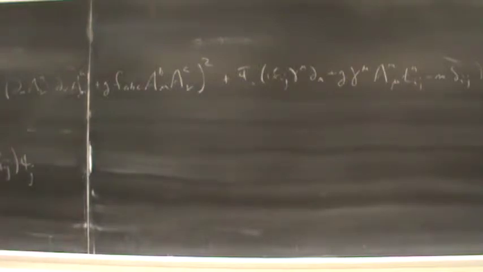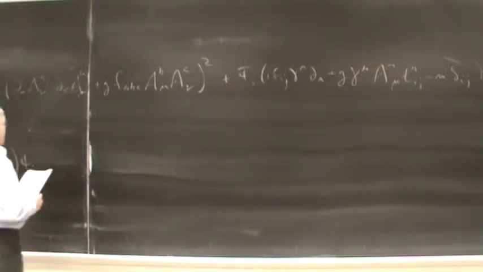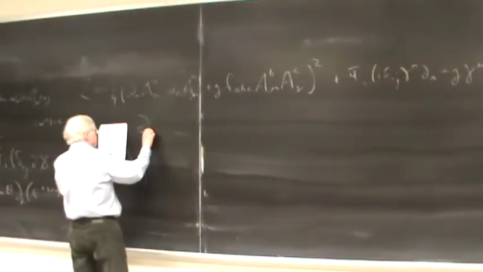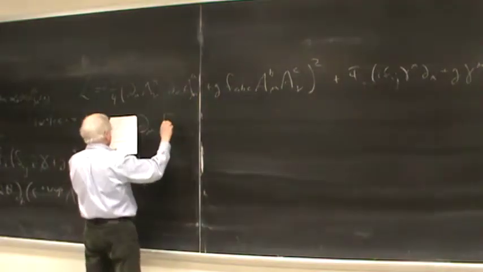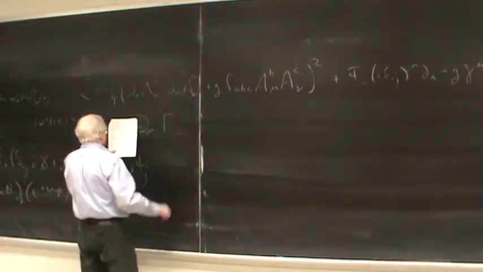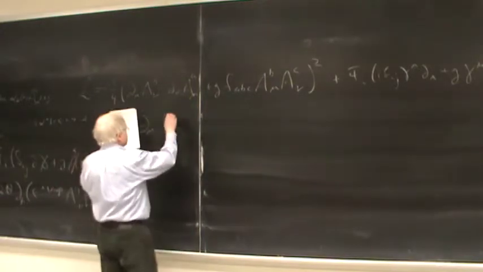Now, what are the classical equations of motion? When you vary the A mu, you require the action to be stationary. And then what you get is D mu F^a mu nu. I'm going to try to raise these indices on the fly.